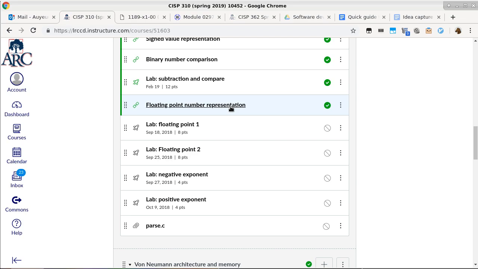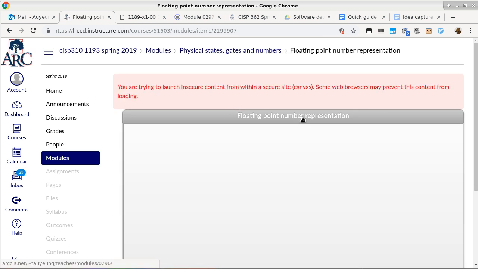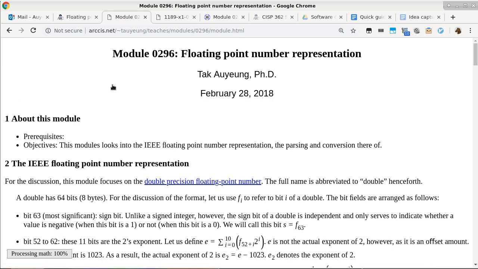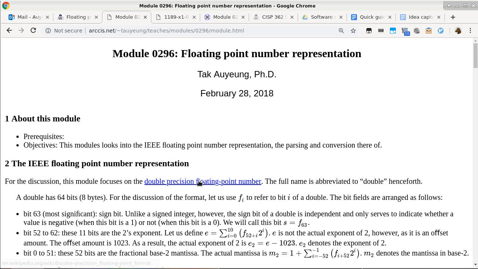All right, so we'll start with this module today. If you look at the module, the first thing it does is bring you to a Wikipedia page. Because I thought, if Wikipedia already has the correct, accurate, and complete information, why do I want to replicate all the effort? Doesn't make any sense.